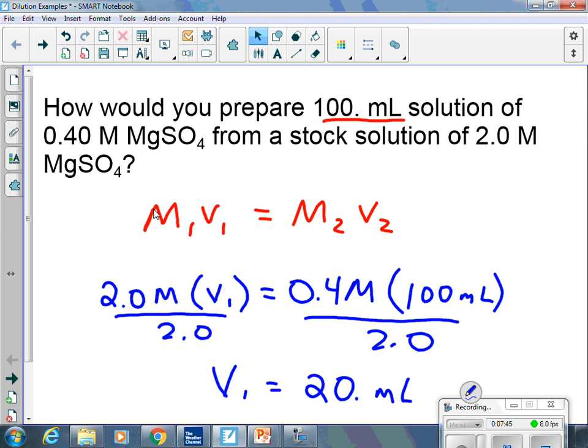How many total milliliters do I want? 100. So how many do I need to add? 80 milliliters of water. Okay, what I would do is pour 20 milliliters of that solution in a 100 milliliter volumetric flask, and then I'd fill it to the line. Make sense?